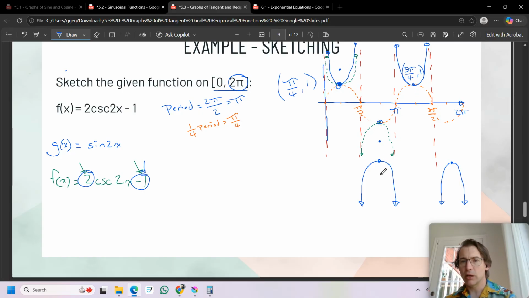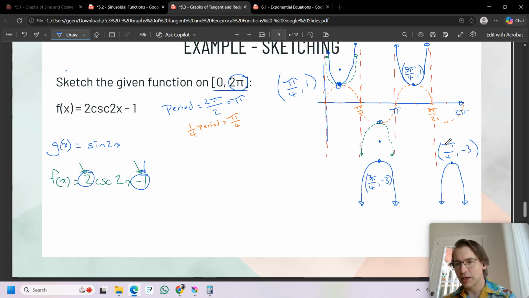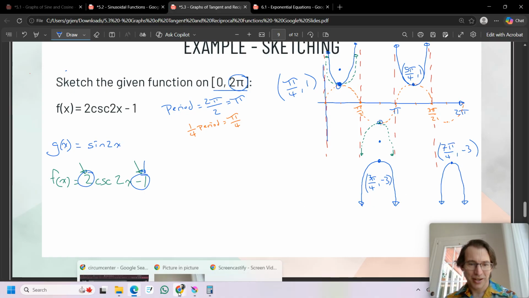And then this one down here is the point 3 pi by 4, -3, and this one, 3 pi by 4, -3. It's not 3 pi by 4. It is the same, but it's 7 pi by 4. Aren't fractions fun, everyone? Okay, so there's a high quality sketch of that one.